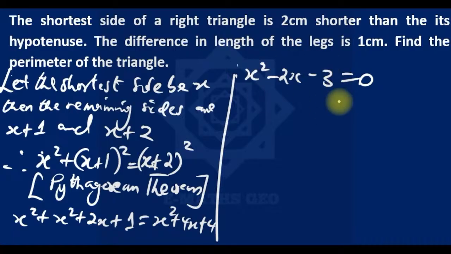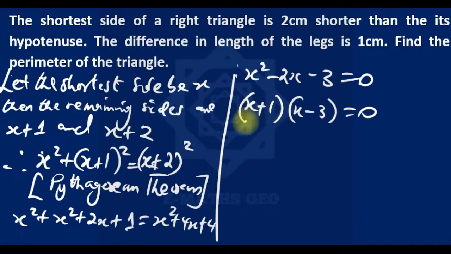So we'll write this in factored form, which is x plus 1 times x minus 3. Yes, if you open up this, we'll get this.